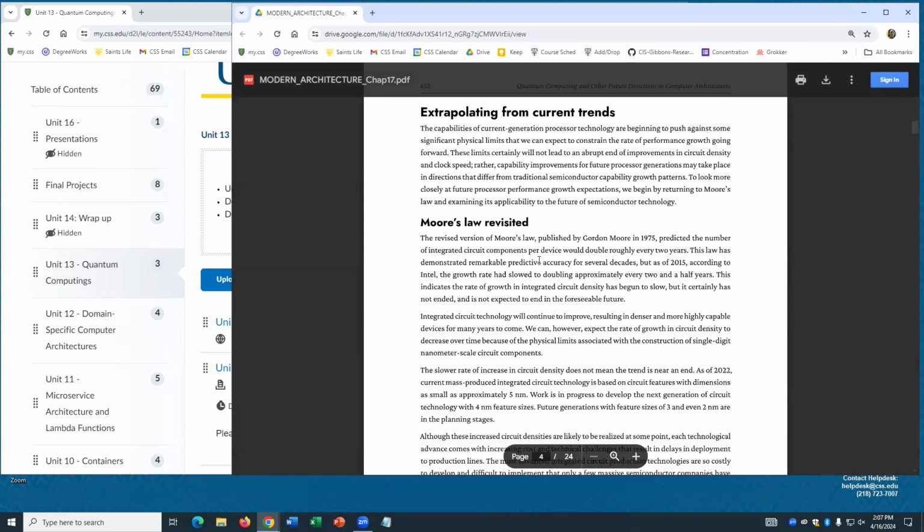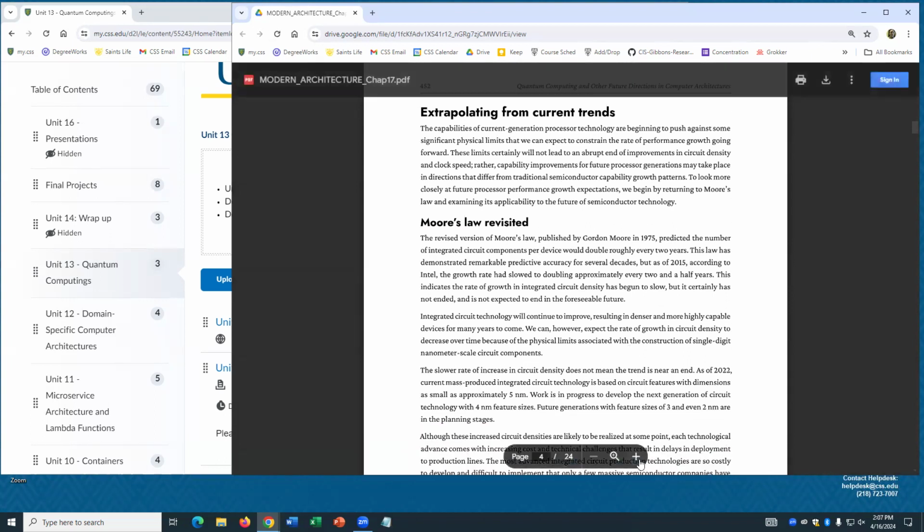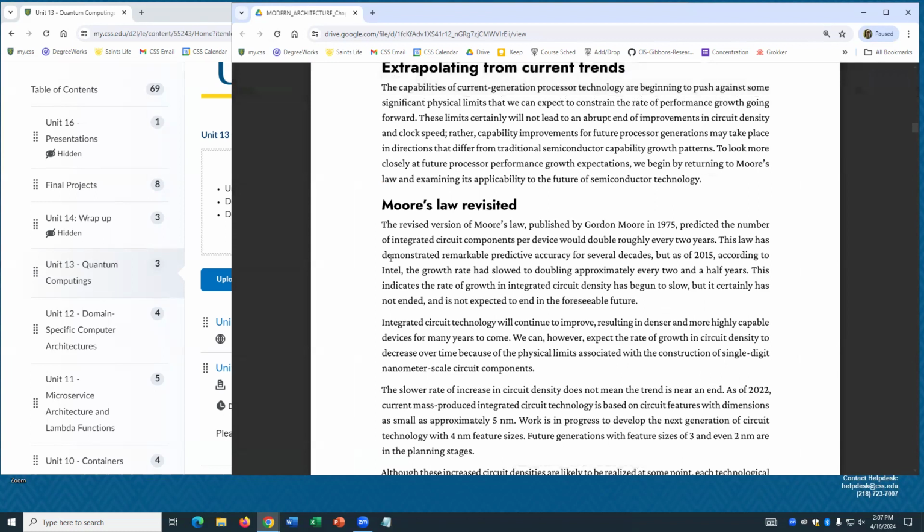And so we can talk about how these computers might continue to grow, and that brings us to something called Moore's Law. And Moore's Law is old, almost as old as I am old. Okay, not as old as I am, but almost.